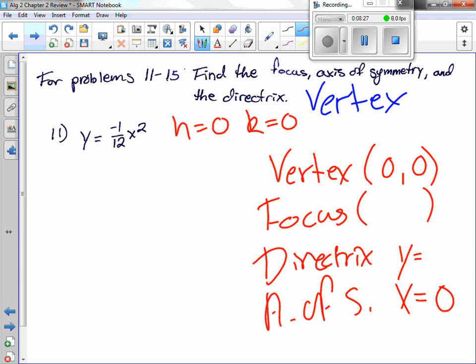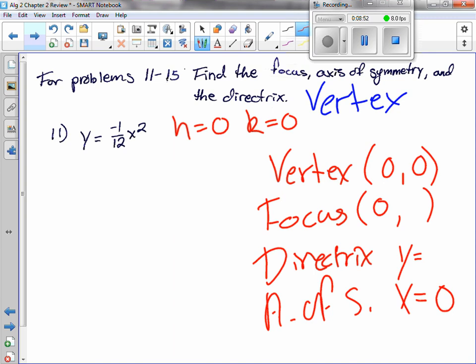But do we know what the value of p is right now? Not directly. And the focus is h comma k plus p, so 0 comma k plus p. So we have almost everything, yes? Even if you get stuck on the day of the test and you can't figure out what p is or how to get there, we can find h and k pretty easily, yes?